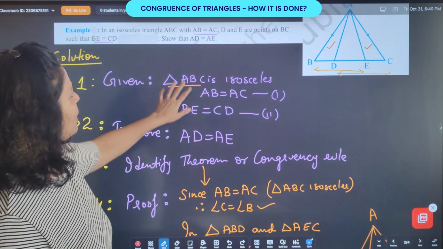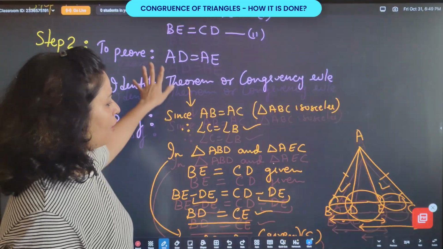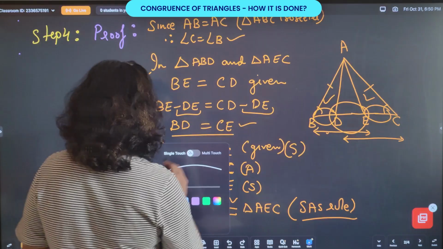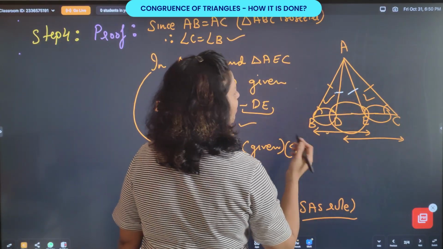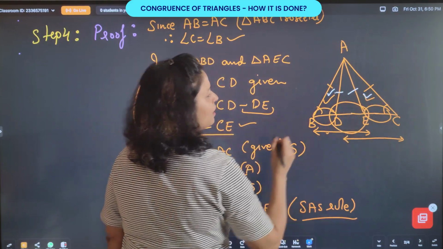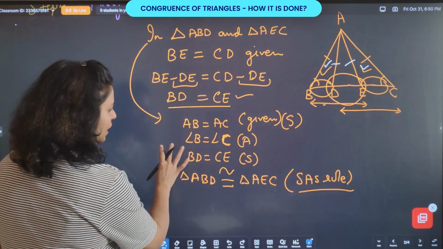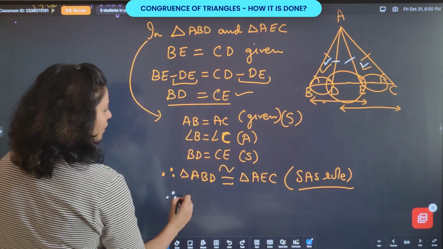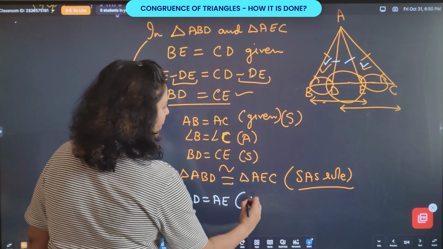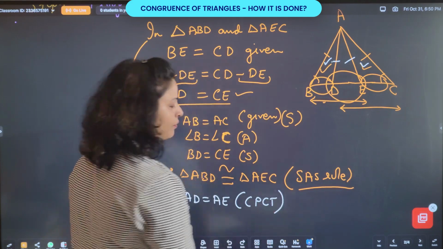After that, they also asked you to show AD is equal to AE. After that, proving AD equal to AE becomes easy. Okay, so this AD and AE will be equal because we already got the congruency between the triangles ABD and AEC, right? After that I can easily write, therefore AD is equal to AE, by CPCT, right?